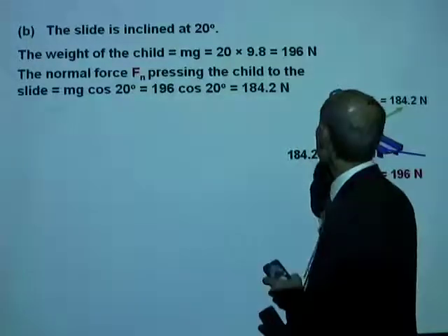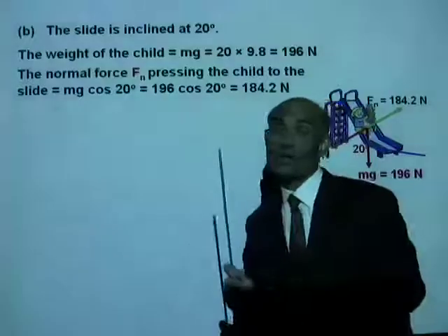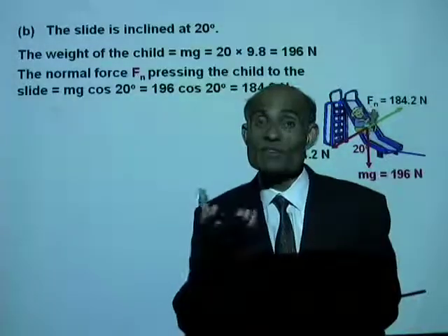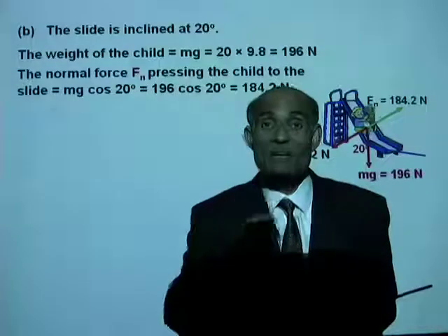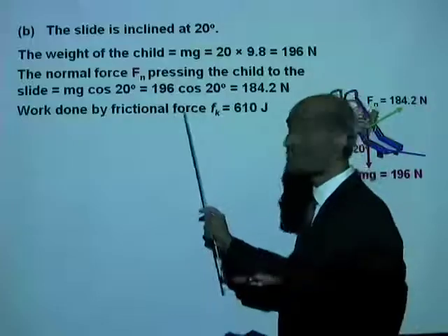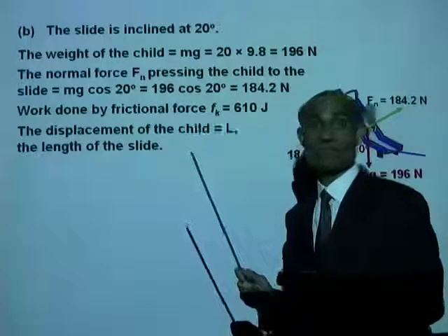We now need the frictional force. Now, we have one thing under our belt. We know the total work done by the frictional force. How much is the work done by the frictional force? We calculated that it is 610 joules.